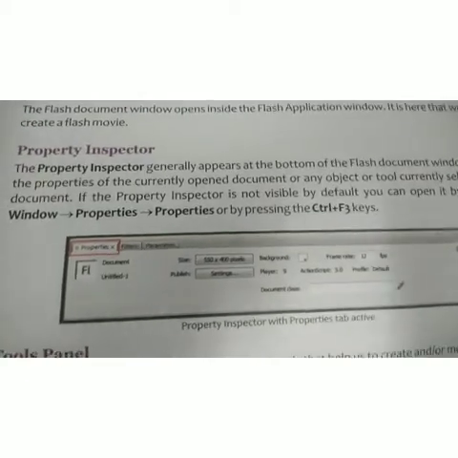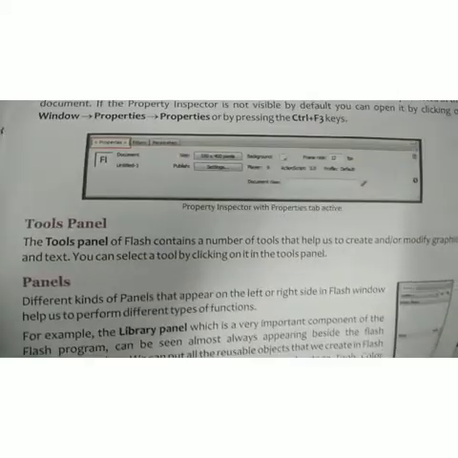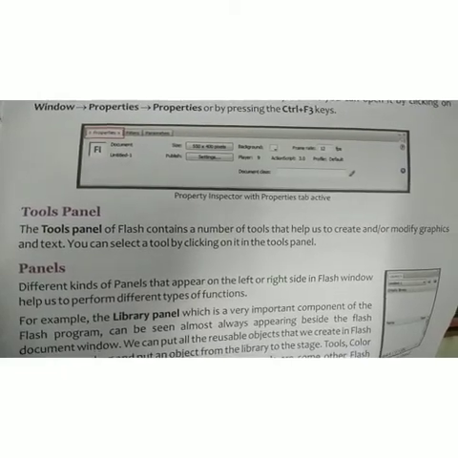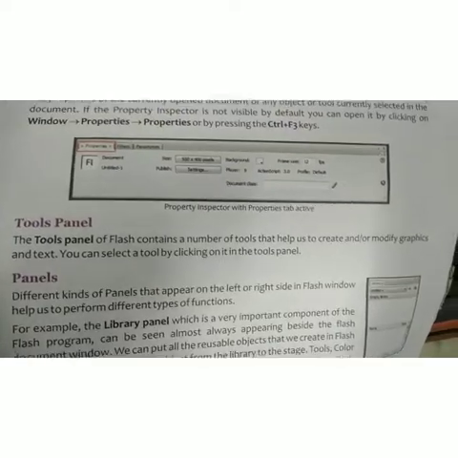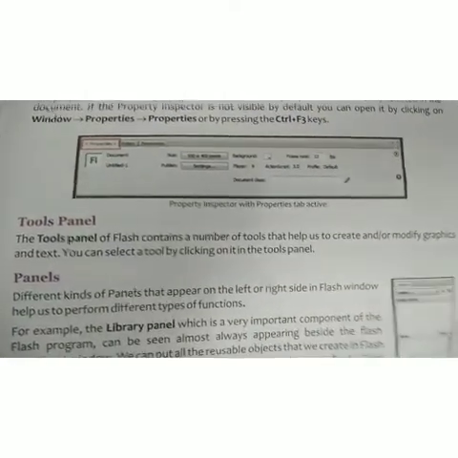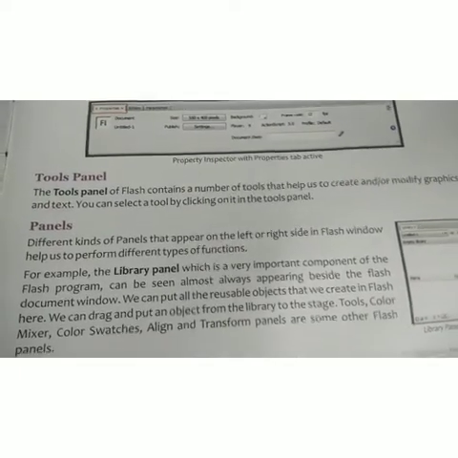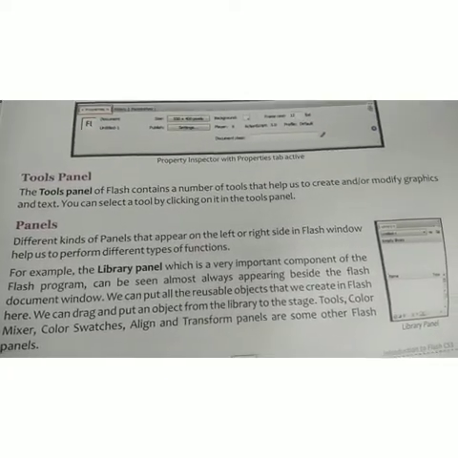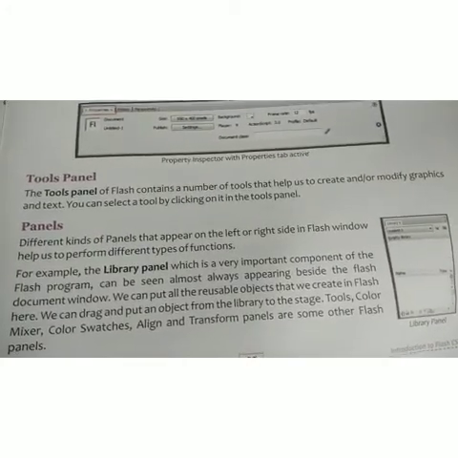Now look at this diagram, property inspector with properties tab active. Now students, tools panel. The tools panel of Flash contains a number of tools that help us to create and modify graphics and text. You can select a tool by clicking on it in the tools panel. Then panels, different kinds of panels that appear on the left or right side in the Flash window, help us to perform different types of functions.